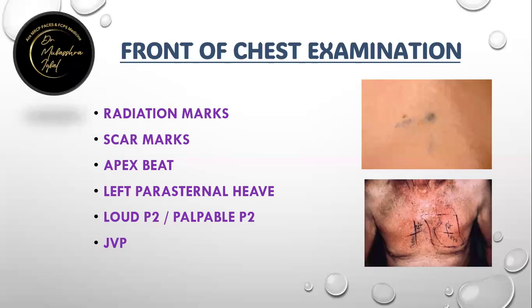And one thing more, in the front of chest you will not complete all the steps, that is palpation, percussion, auscultation. If you feel that you are short of time, you can skip percussion and just auscultate all the lung fields, starting from the apex, because apex is very important in front of chest examination.